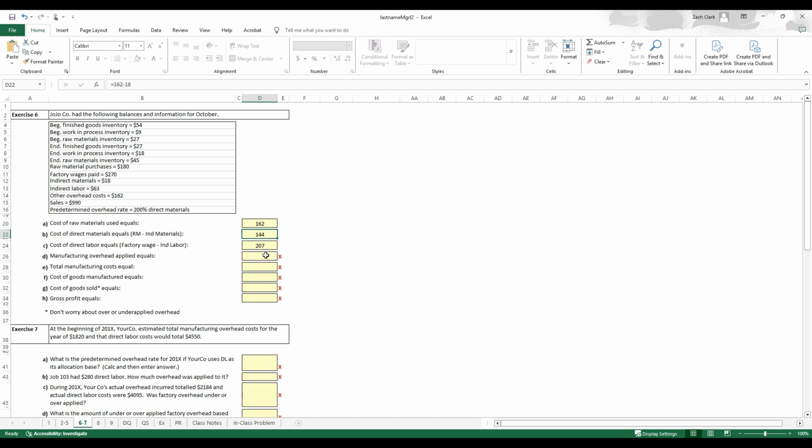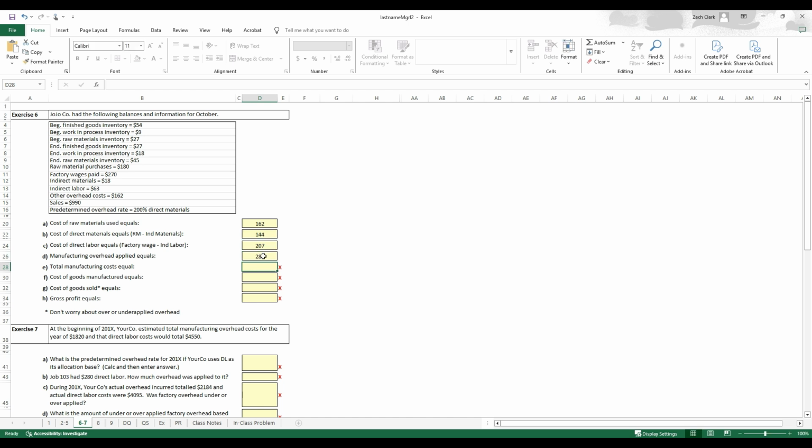Okay, so let's see. Manufacturing overhead cost applied. On this one, we're going to want to find our predetermined overhead rate. It's 200% of the cost of the direct materials. We have our direct materials up here, so we can just link to that, times 2.